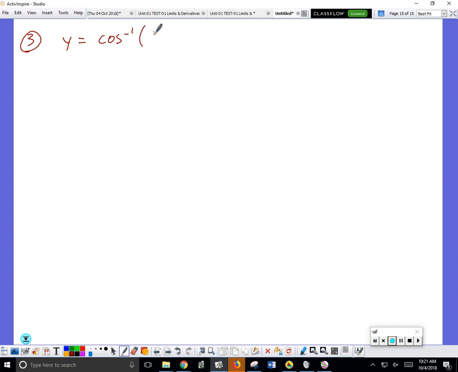Yeah. So the goal is to find the derivative. So I d/dx both sides. I differentiate both sides. And then I go looking for a rule.